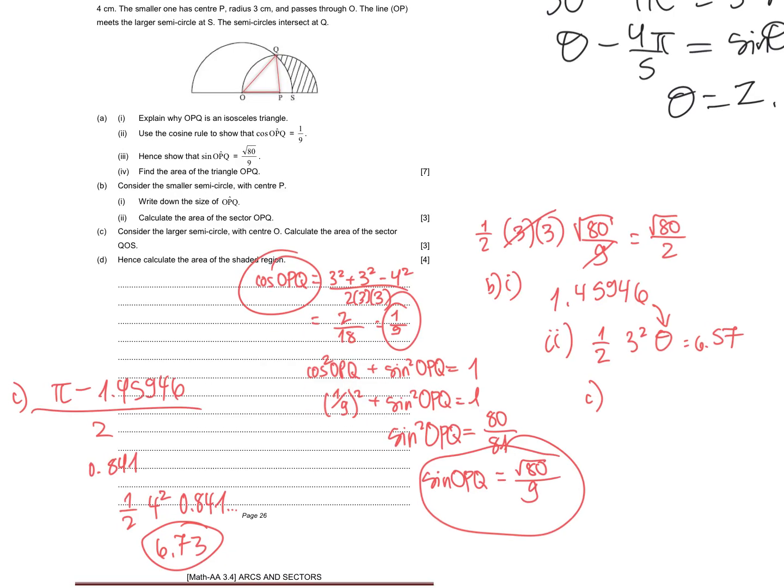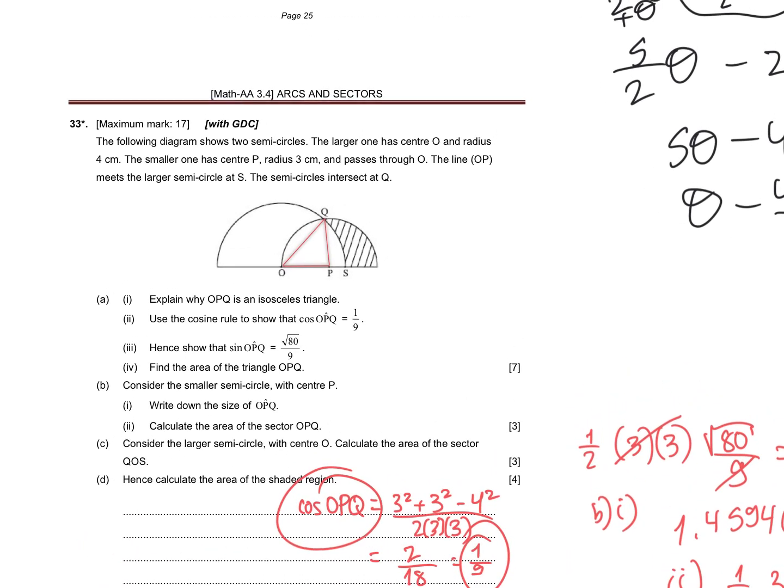Hence, calculate the area of the shaded region. So if you see what I drew up here, we need to add the areas of these sectors and subtract this triangle, because basically we've added that twice. Okay, and then we're going to subtract that from the semicircle.